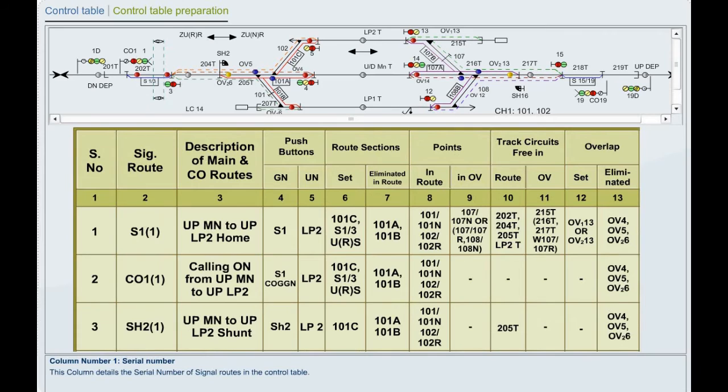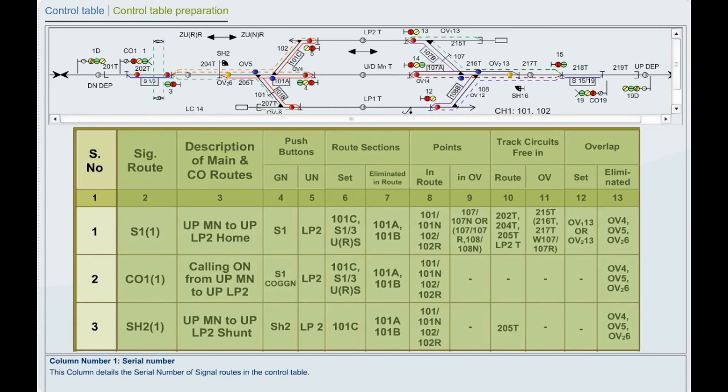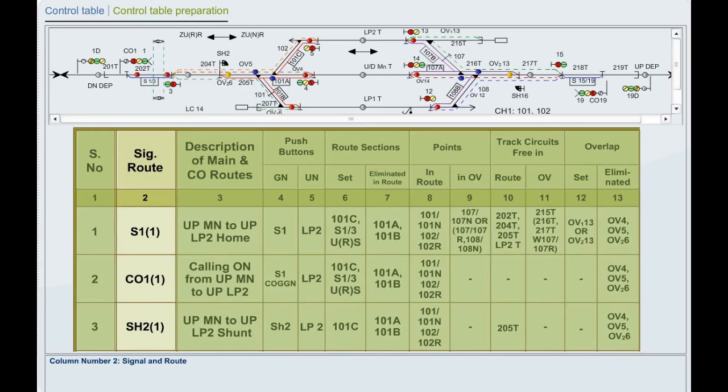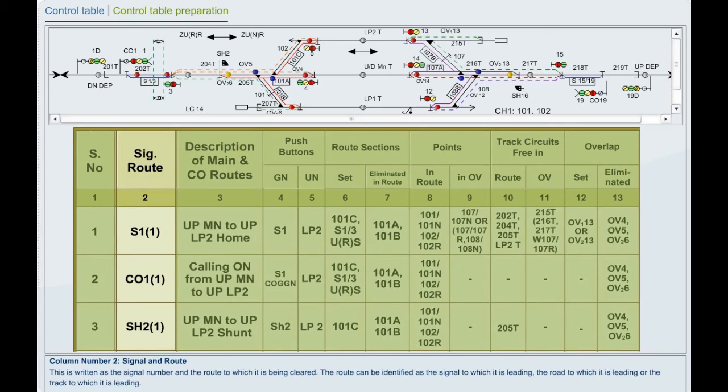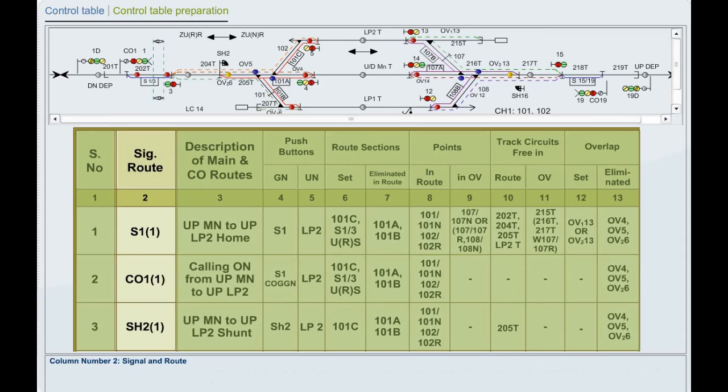Column number 1. Serial number. This column details the serial number of signal routes in the control table. Column number 2. Signal and route. This is written as the signal number and the route to which it is being cleared. The route can be identified as the signal to which it is leading, the road to which it is leading, or the track to which it is leading.